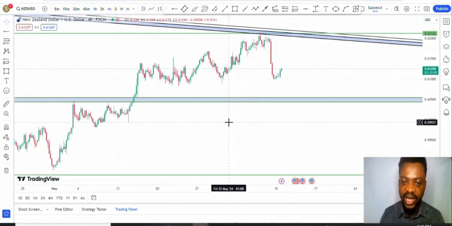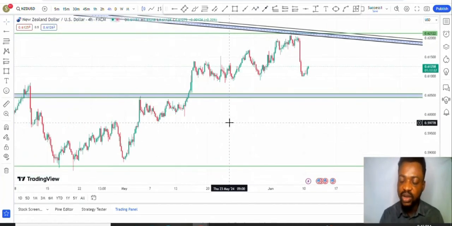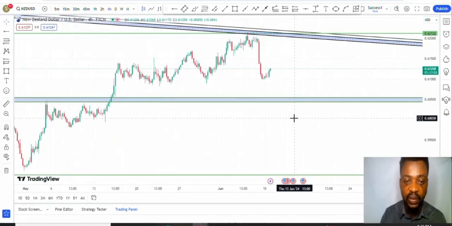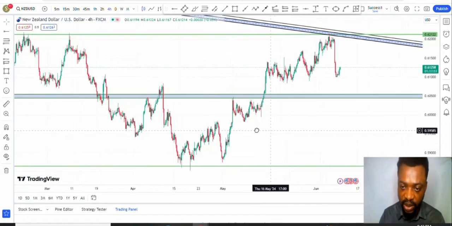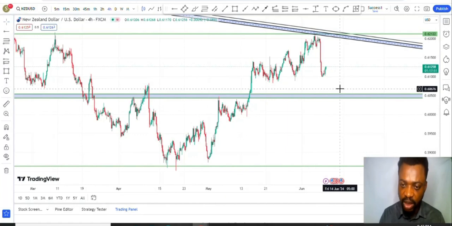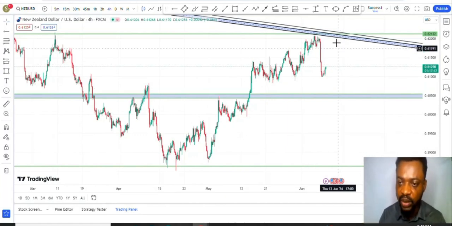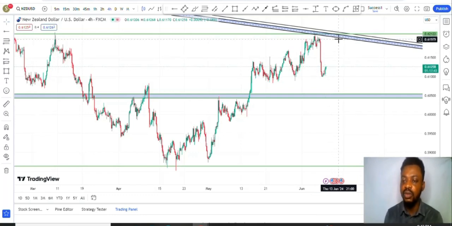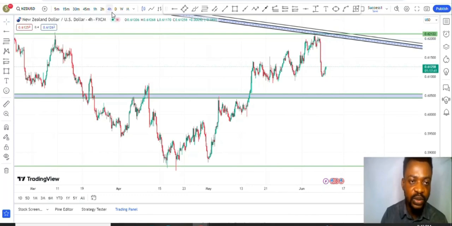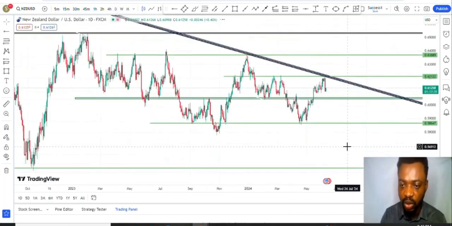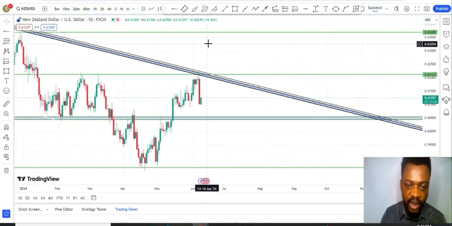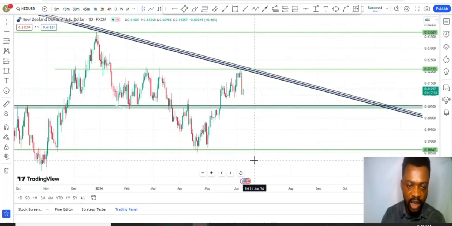This is not one pair I trade often, there are really few times I get to trade this guy. So for now, there's nothing really much to say about it, except maybe price wants to rally to the upside before it drops, or price will just break this level and keep going to the sky. These are just the thoughts I have on New Zealand USD.